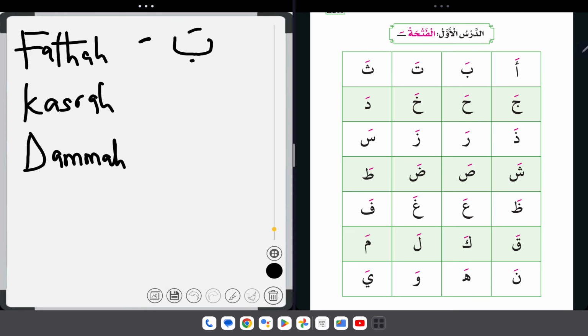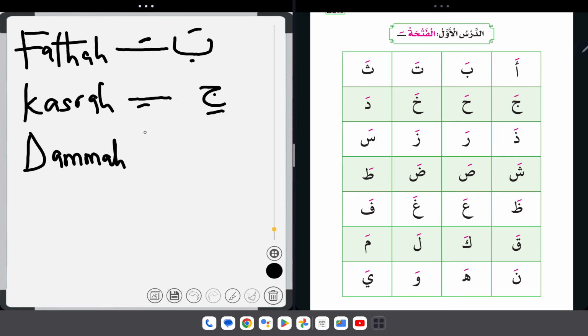So, Kasra, okay, let's have this horizontal line as a letter. So let's use this to represent a letter. So Kasra is written at the bottom of the letter. So for example, if you have Jim and at the bottom is this, that is Kasra. All right.